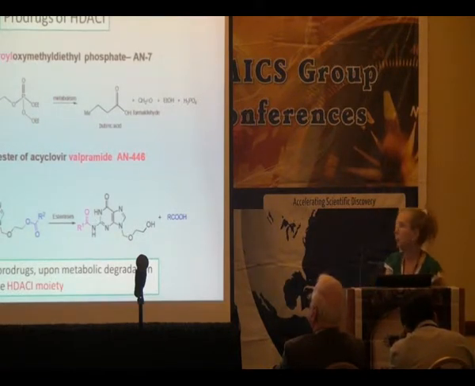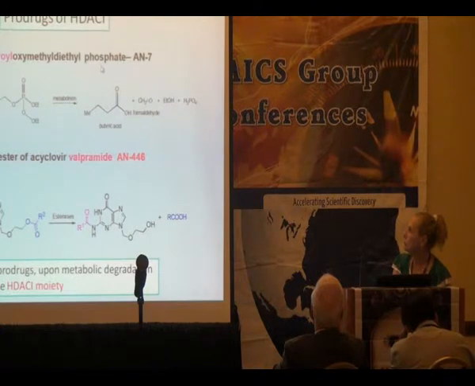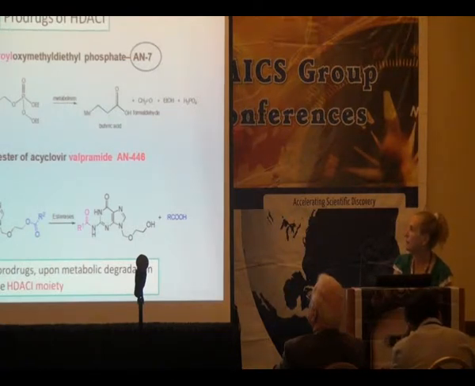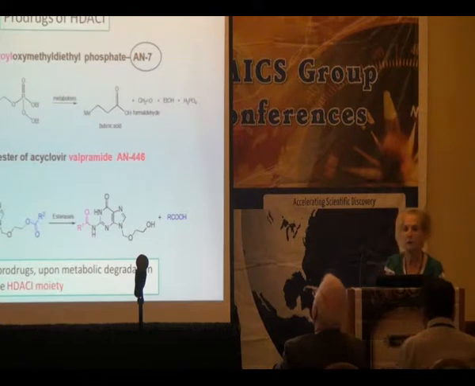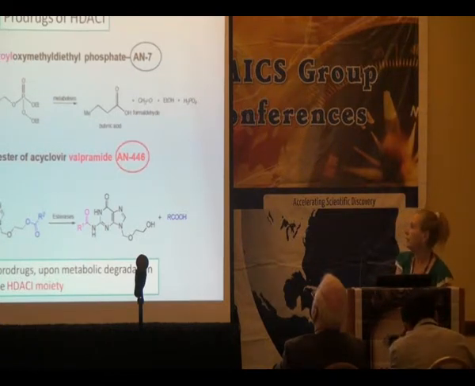So our prodrugs are the first generation. I will not describe it, there is a history, but I'll go right to the second generation, which is butyryl oxymethyl diethyl phosphate, which undergoes metabolic degradation in the cells to release butyric acid. Butyric acid by itself is a very weak histone deacetylase inhibitor, but we deliver it into the cells, thereby making it more potent.